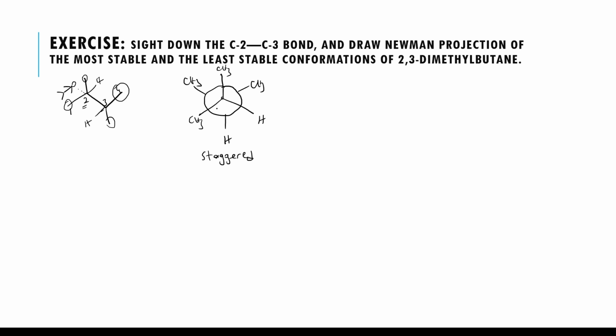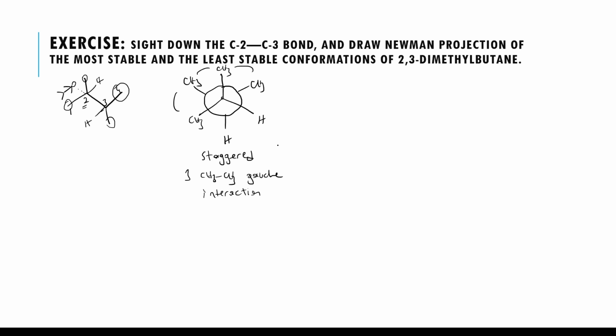So this might be the most stable conformer, but we have to check. When we look at the Newman projection, we can see that we have 3 methyl-methyl gauche interactions. Let's write here 3 methyl-methyl gauche interactions. These are steric strains.